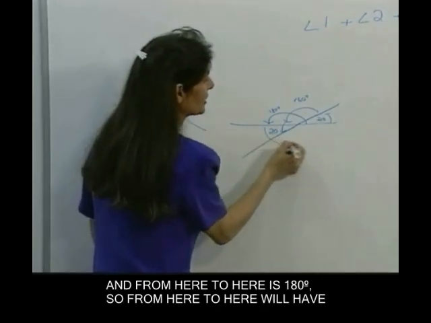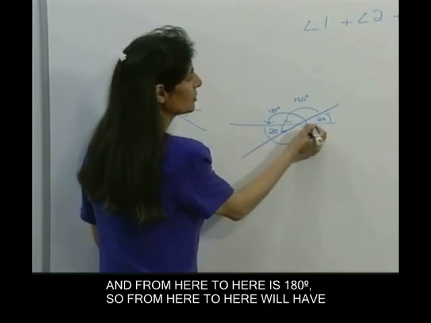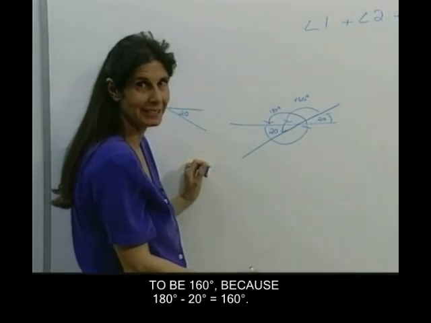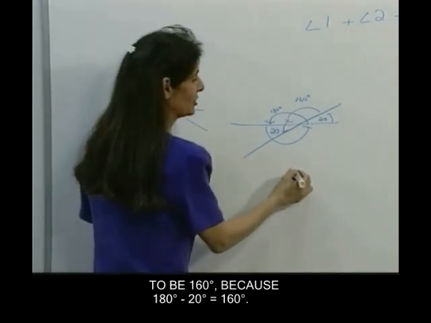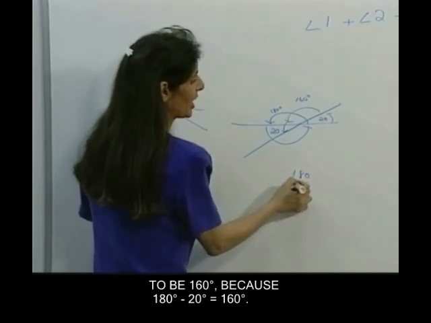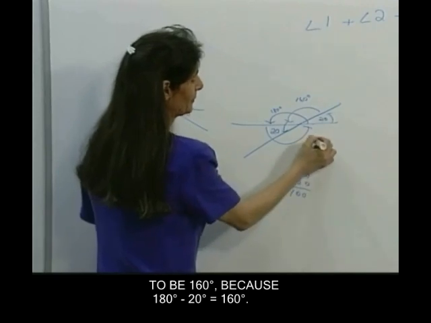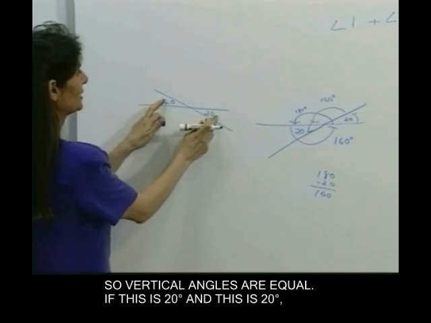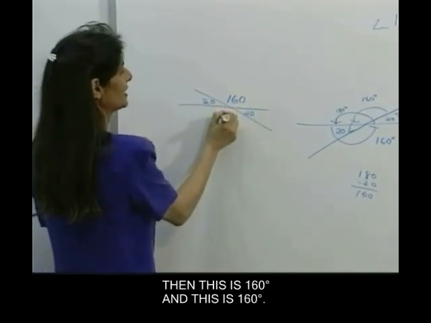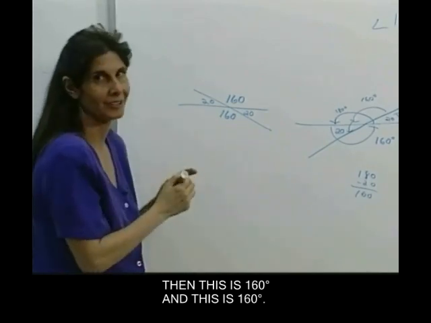And from here to here is 180, so from here to here will have to be 160, because 180 minus 20 is 160. So vertical angles are equal. If this is 20 and this is 20, then this is 160 and this is 160.